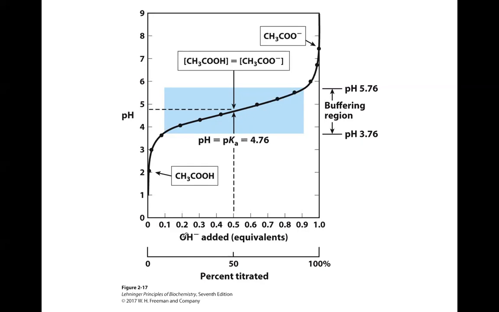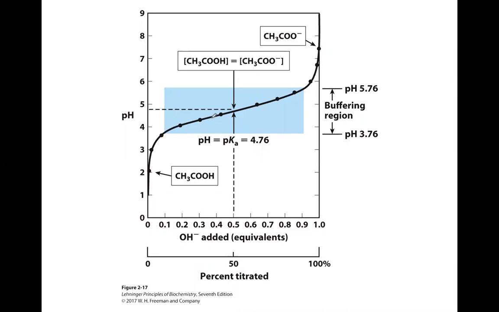And we start adding hydroxide ions. We start adding base. As you add base, you start deprotonating the acid and moving this into acetate. And as you start adding base, let's say you've added 0.1 equivalents of the base, the pH will rise because the solution will become more basic. And you keep adding, the solution becomes more basic, more basic, more basic.